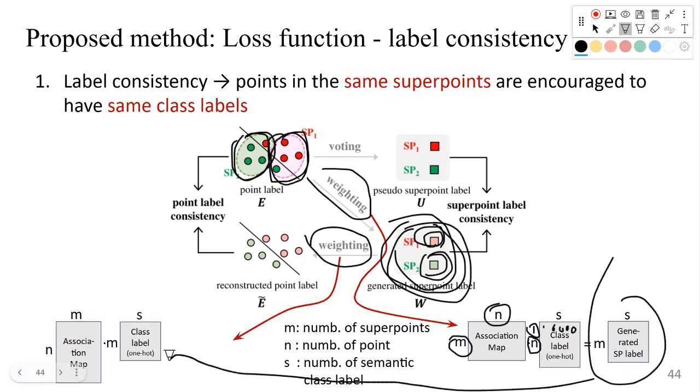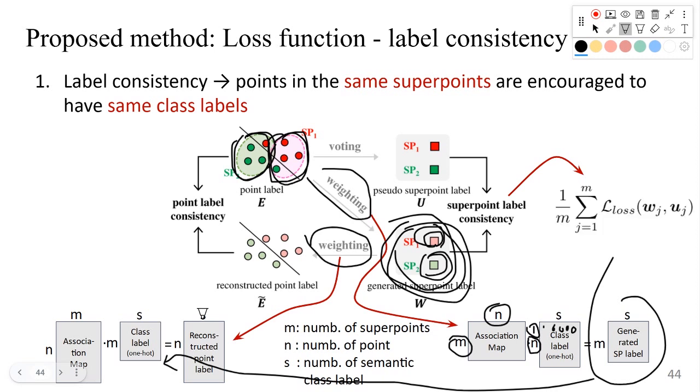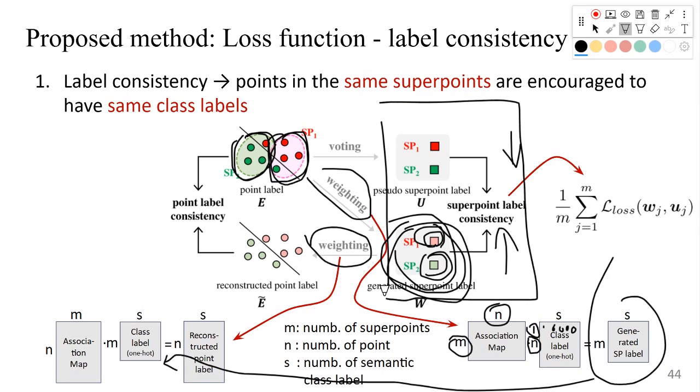We use this to reconstruct back to the original number of points, and the result will be n by s, where n is the number of points and s is the number of semantic labels. And then finally, we can encourage consistency in both directions, these directions and also these directions. In this case, we enforce the consistency at the superpoint level.